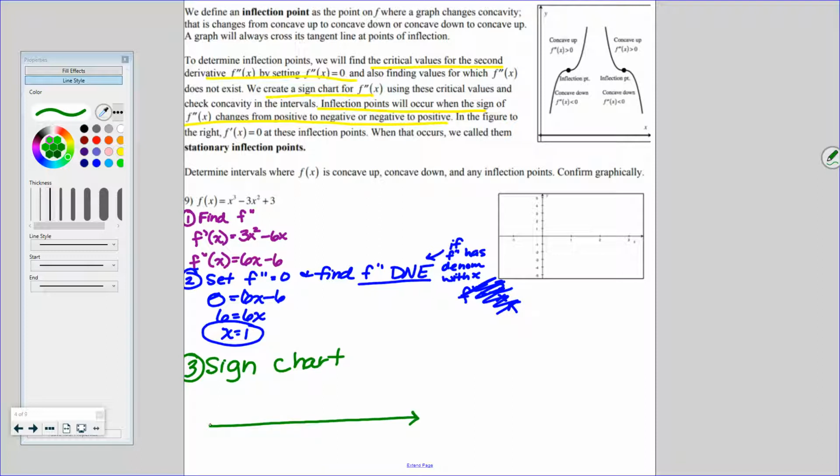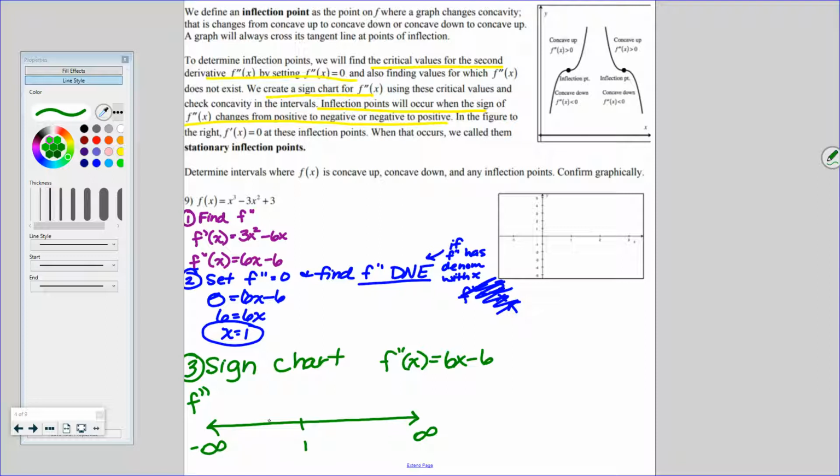So whenever I make a sign chart, I'm making a sign chart this time for f double prime because I'm looking for concavity. Put my critical number on there, 1. And then my sign chart goes from negative infinity to positive infinity. And then I'd pick numbers to test in the formula f double prime of x equals 6x minus 6 on either side.